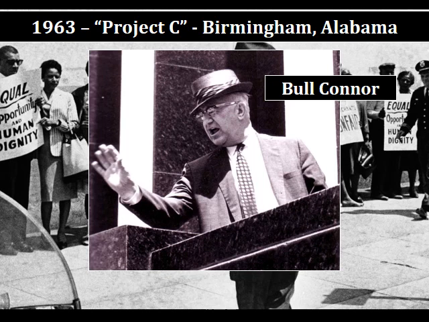So if you're looking to give your organization, which has a nonviolent face, something to make it appealing, to give it a good image in people's minds, you set it opposite something like the brutality of a man like Bull Connor.